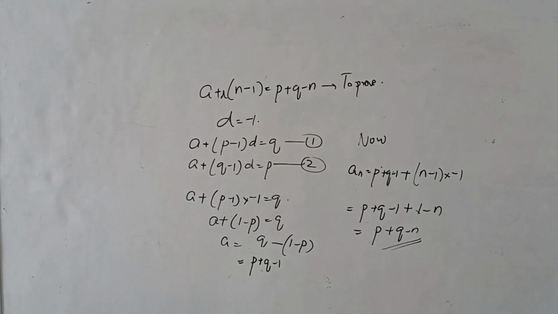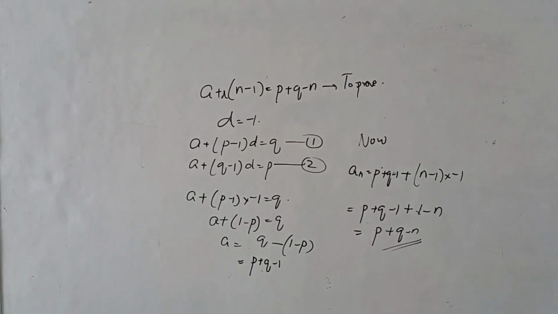Since you already know the value of D is equal to minus 1, you can substitute it in the formula for the nth term, which is A plus n minus 1 into D. So when I am substituting and then rearranging, I will finally get An is equal to P plus Q minus N, and that is what we need to prove.